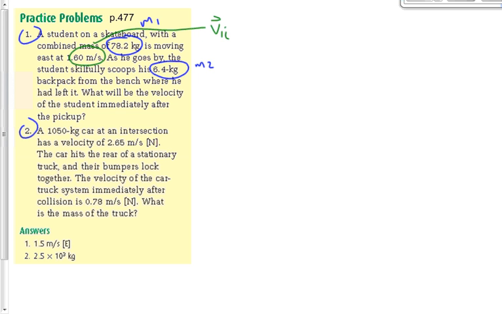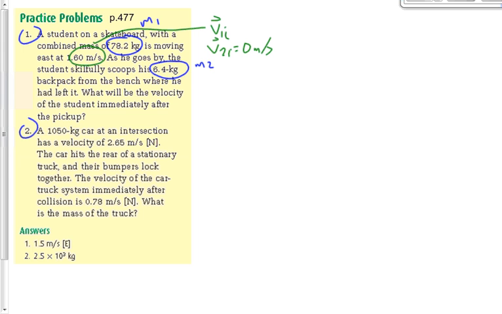Is there anything else that we have if we read between the lines here? V2I is 0. So the velocity of the backpack before the collision is 0 meters per second. It's not moving, it's sitting on the bench, right?